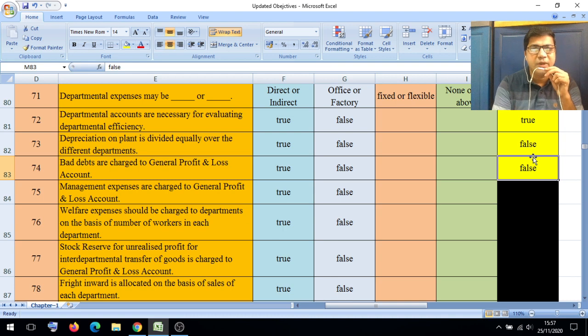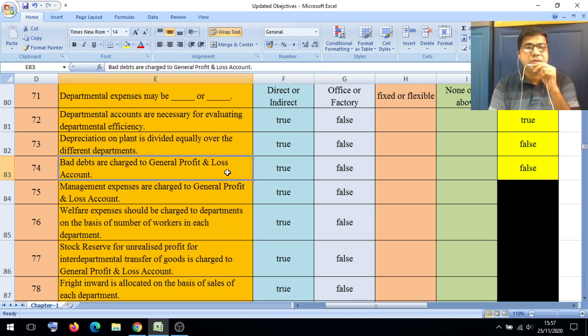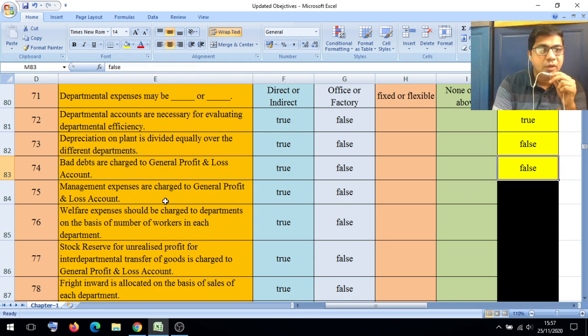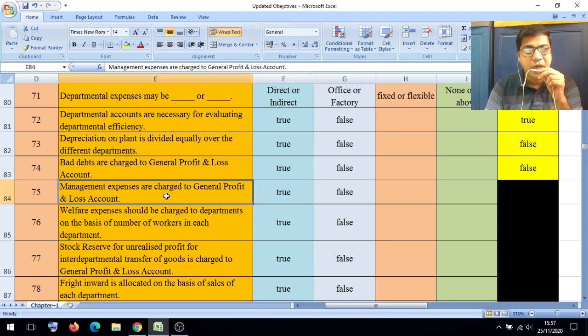It is also true, but now we have to assume that bad debts are expenses related to the sales, therefore it is allocated to the departmental account and not transferred to profit and loss account, therefore it is false.